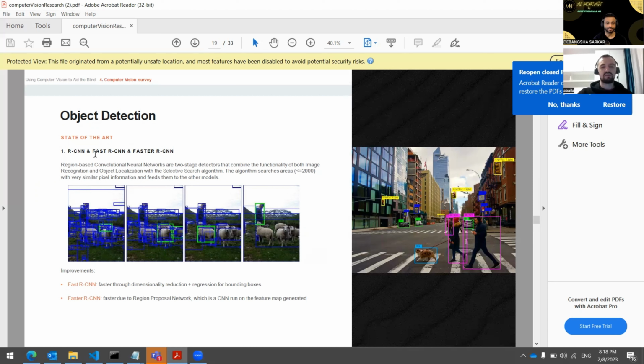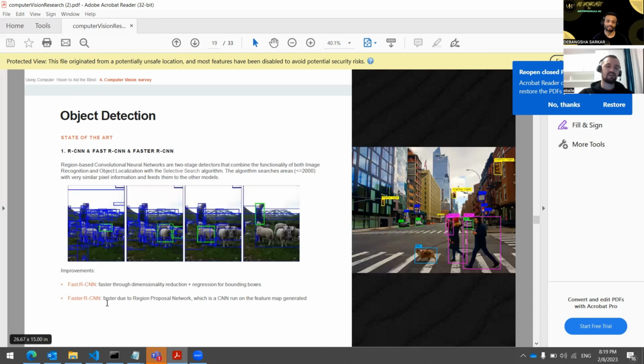And why do we have fast and faster? Because those are just improvements of the basic RCNN. For fast RCNN, we put in some dimensionality reduction, and we compute these bounding boxes through regression.